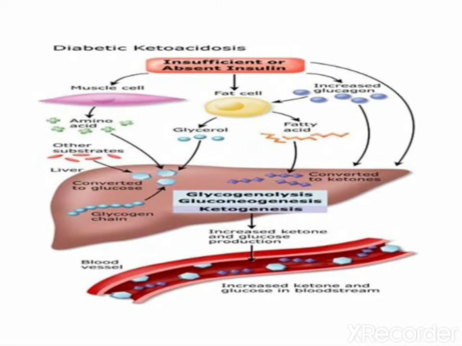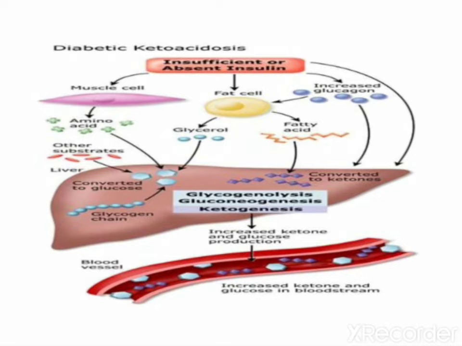In this diagram, we can see a case of diabetic ketoacidosis when there is insufficient or absent insulin. In the muscle cell, there is conversion of glucose into amino acid, and in the fat cell there is production of fatty acid and glycerol, and there is also increased glucagon in the blood.